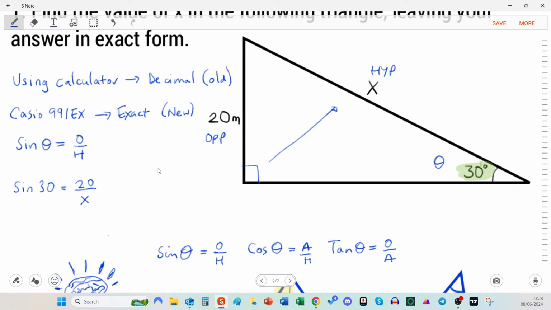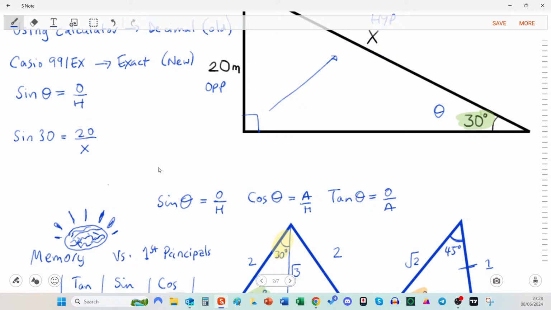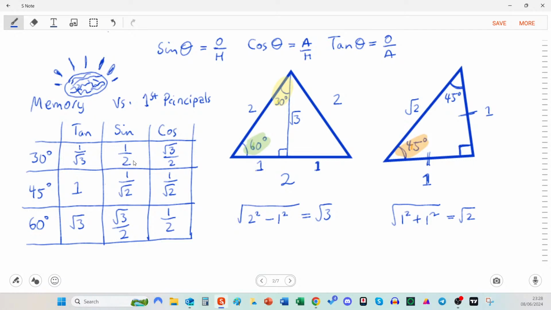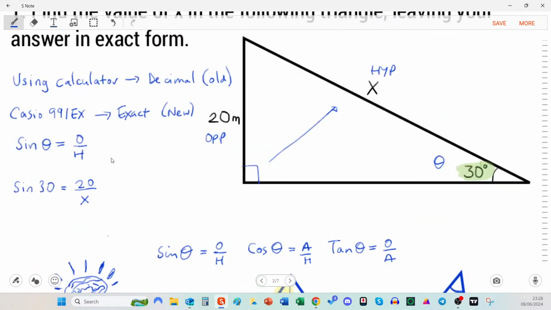If you're having to show where any of this comes from, of course, then you've got all this stuff down here. Looking at our table, we know sine 30 is a half. We can see it here. And so there you have it. Now, why would you worry about this if you've got a calculator, right?